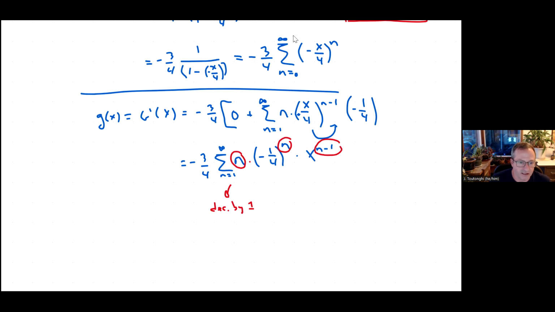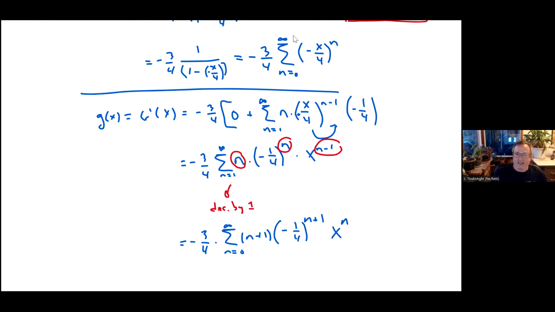So we'll get -3/4 times the sum from n equals 0 to infinity. This n becomes n plus 1, times (-1/4) to the n plus 1, and then times x to the n, since the n minus 1 increased by 1 just becomes x to the n.